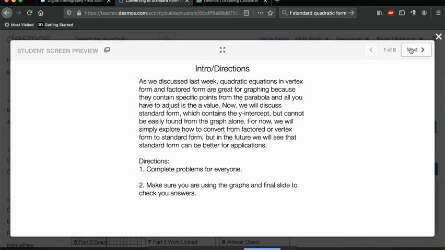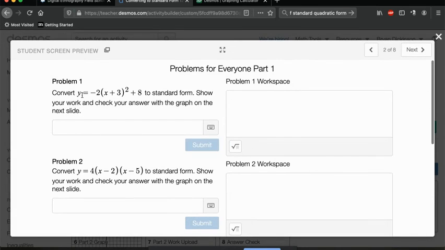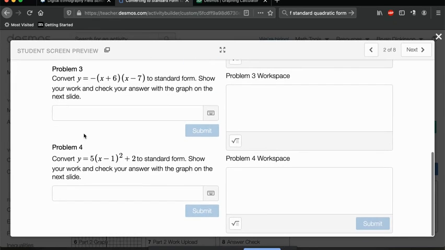All right. If we take a quick look at today's assignment, you'll see that there's just a bunch of opening problems where I simply want you to convert from vertex or factored to standard. And remember problem 3, think about what number's technically in front of parentheses.